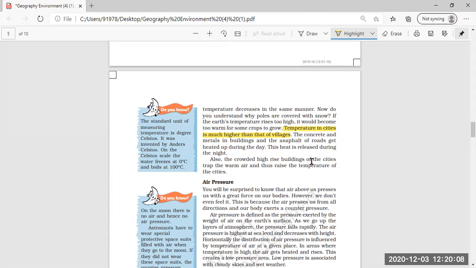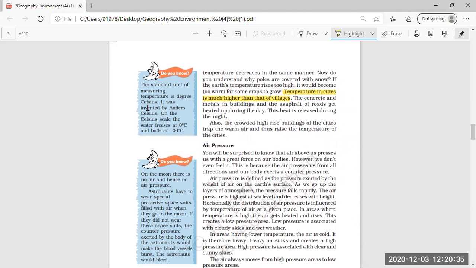This heat is released during the night also. Also, crowded high-rise buildings in the cities trap the warm air, thus raising the temperature of the city.